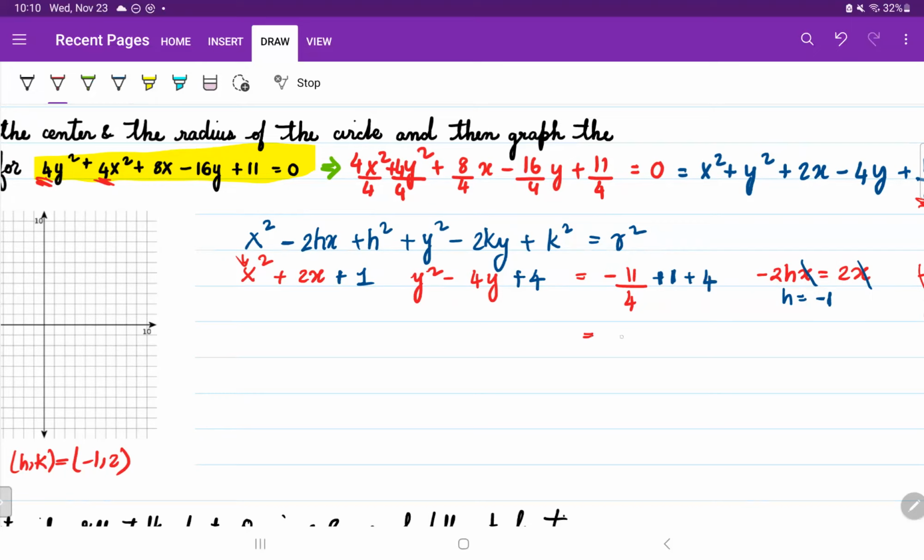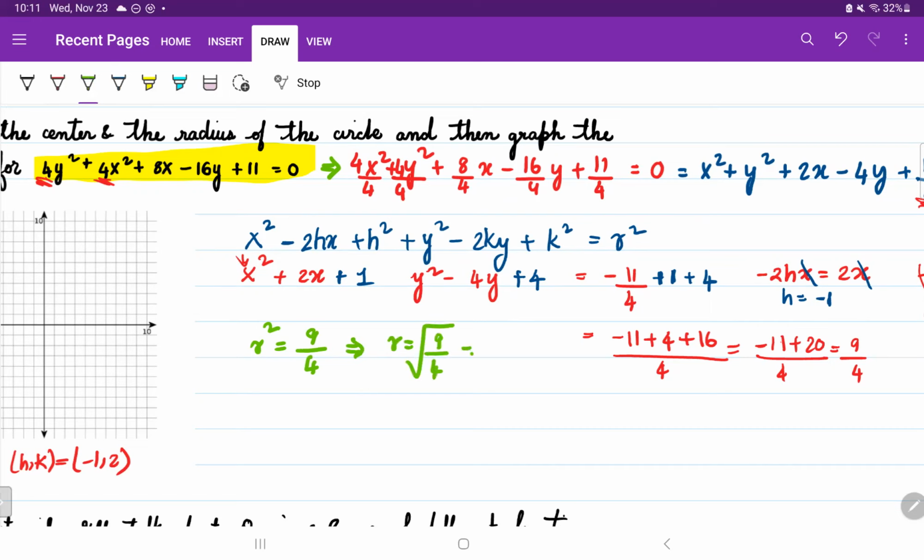So this is -11 plus 4 plus 16 by 4, which is -11 plus 20 by 4, which is 9 by 4. So here we have r square as 9 by 4. So r is root of 9 by 4, which is 3 by 2 units, which is 1.5.